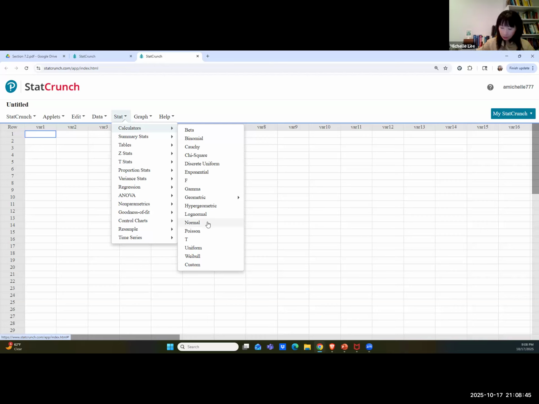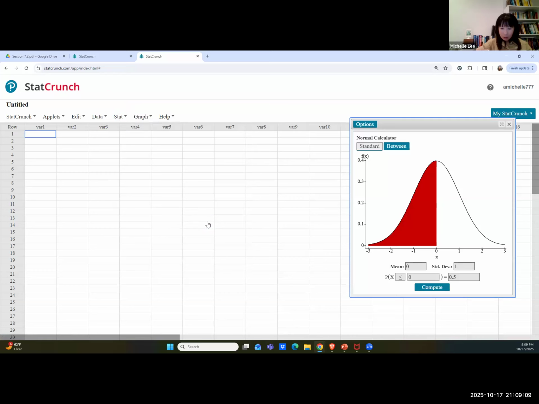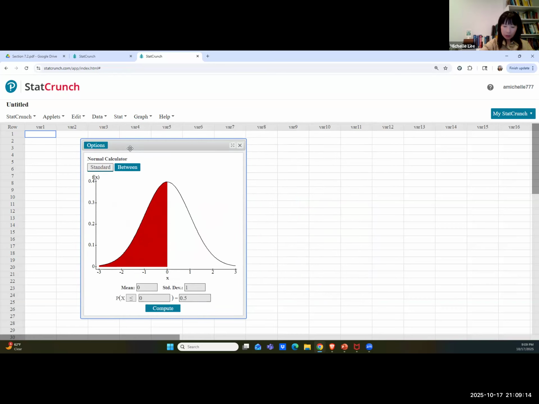Stat, Calculators, and Normal. Okay, let's click that. All right, so let me bring this one in the middle. Okay, so I took a picture.